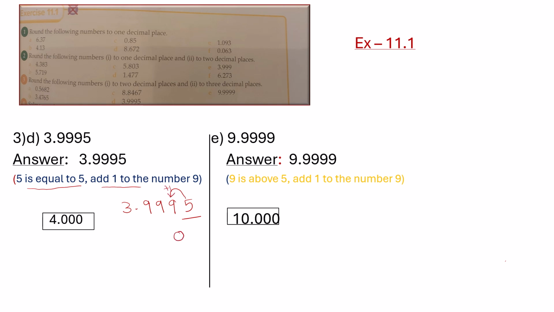Just write a 0 here, and 1 will come here. Again 9 plus 1 is 10, write 0 and carry 1. Again 9 plus 1 is 10, write 0 and carry 1. So 3 plus 1 is 4. So the final answer is 4.000.